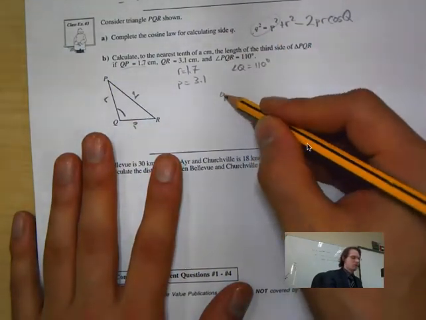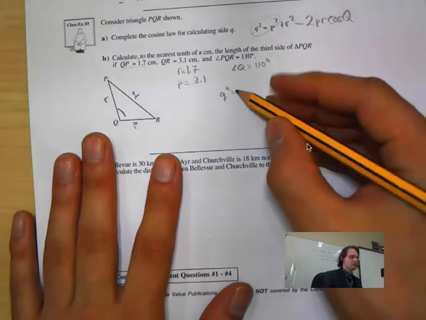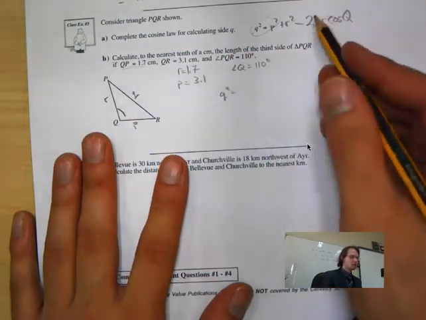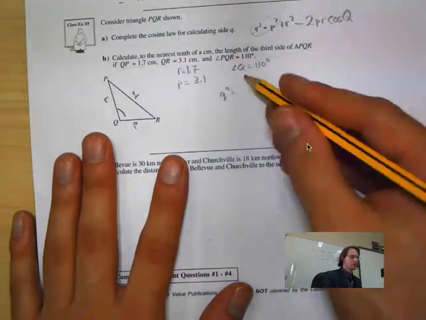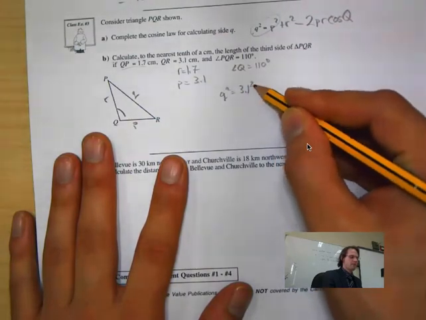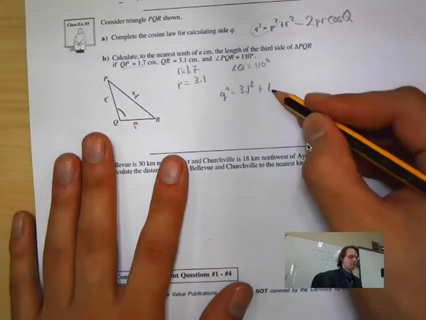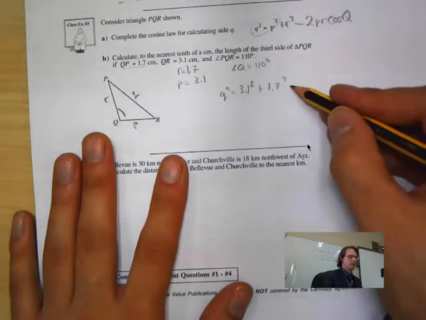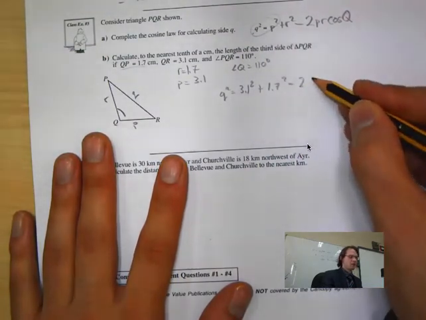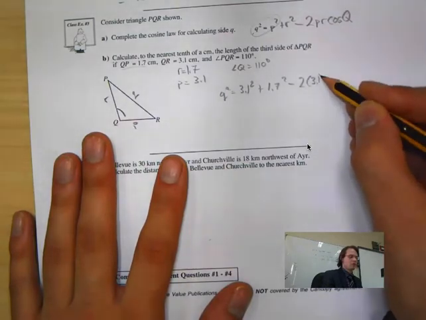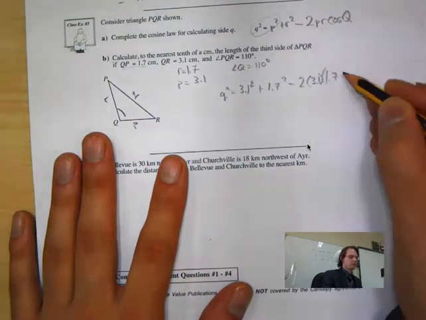So we know Q squared is equal to P squared. Well, P squared is 3.1. And we have plus 1.7 squared. And minus 2, 3.1 multiplied by 1.7.